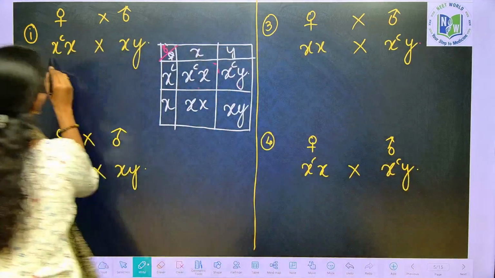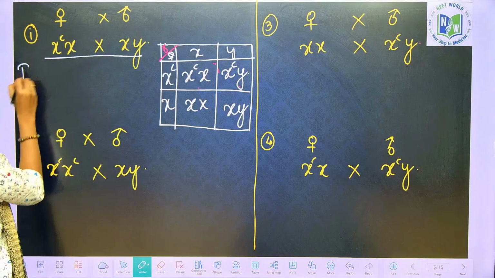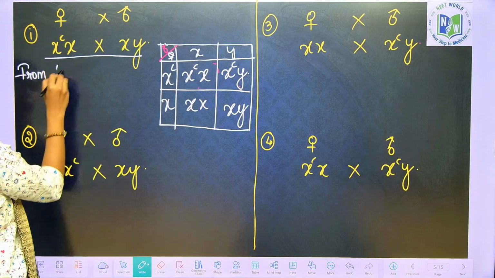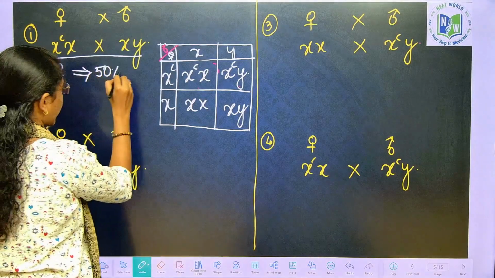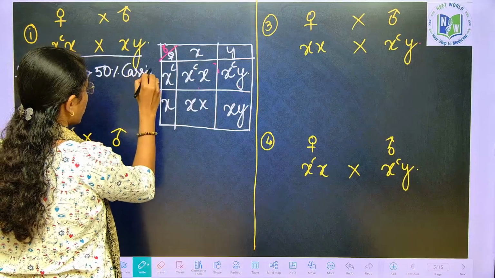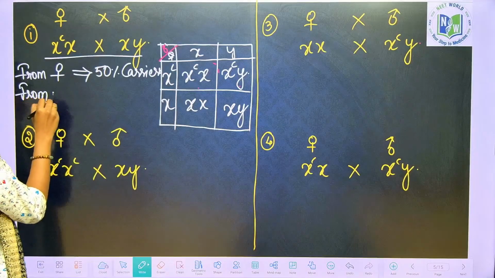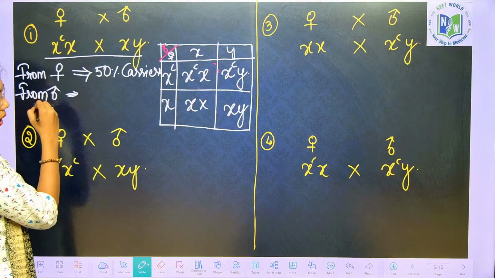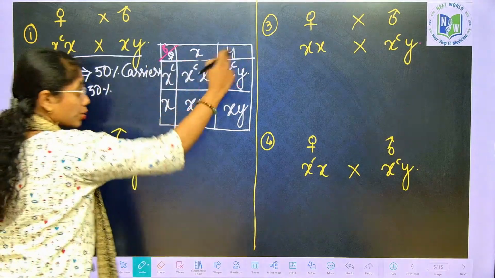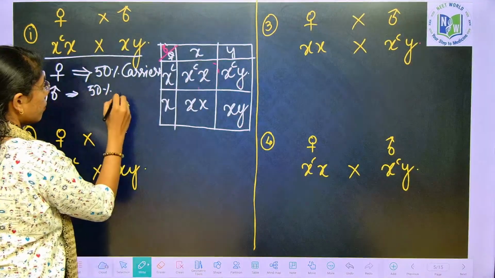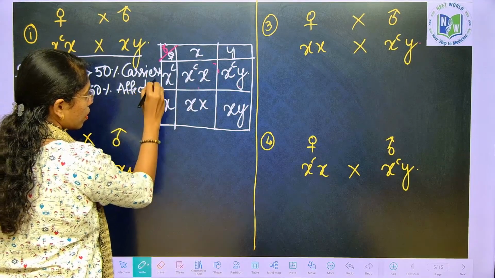So, if you have to consider from females, there are 50% carriers, only from females. From males, again 50% are affected, only from males. Only this probability we have to take, 50% affected. Got it.